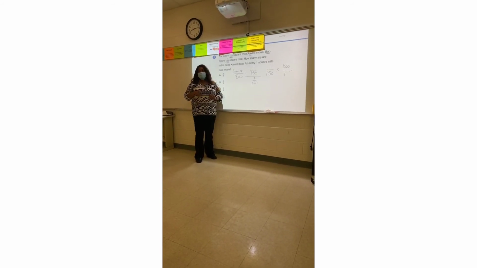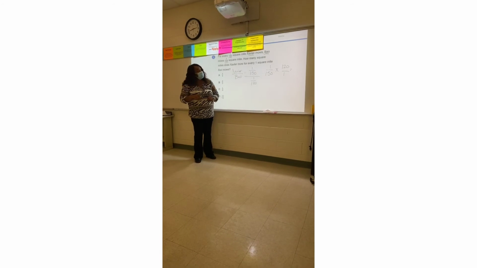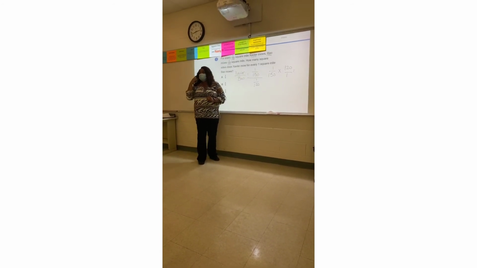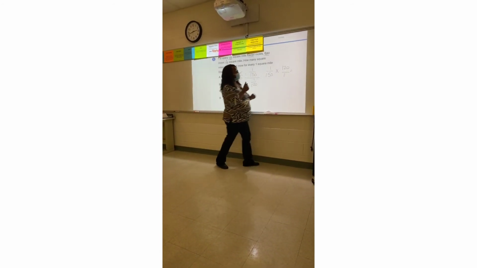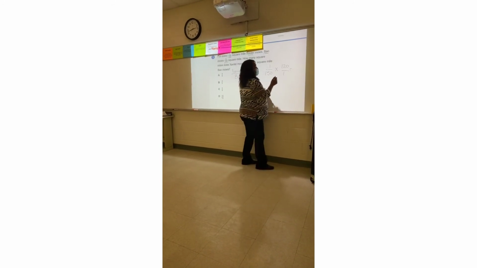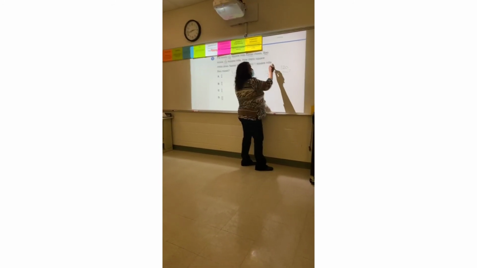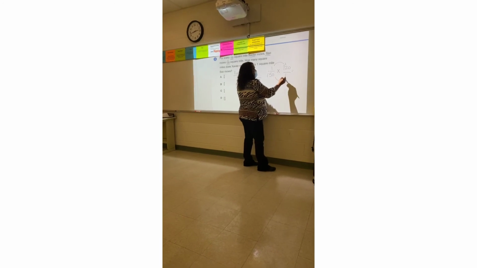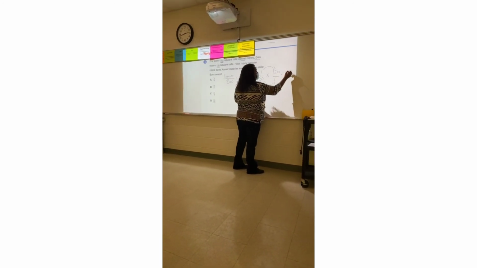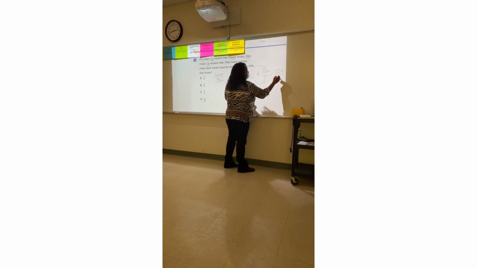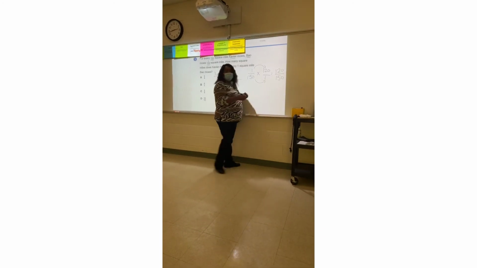Nolan, what's our answer? 4 over 5. Okay, but if I multiply, let's do it the long way. Top times top will give me 120, and bottom times bottom. Okay, and now we need to simplify, right?